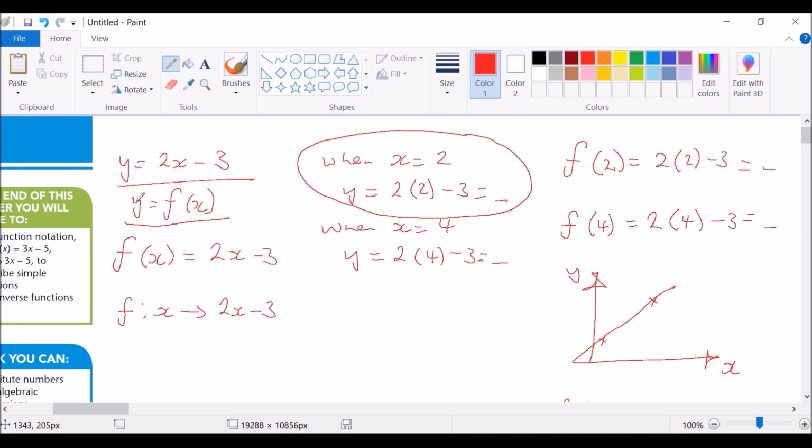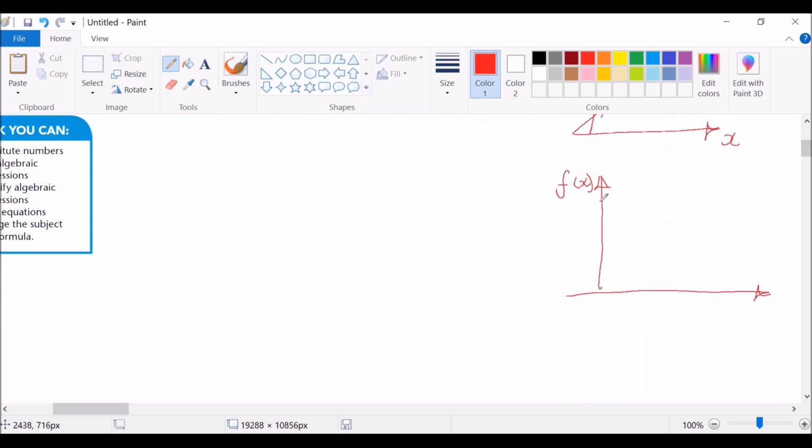In order to get y, we have to substitute x values and get y. So we can have f of x on the y-axis and x on the x-axis, and we plot our points, then we join them. So function notation is a fancy way of expressing functions.